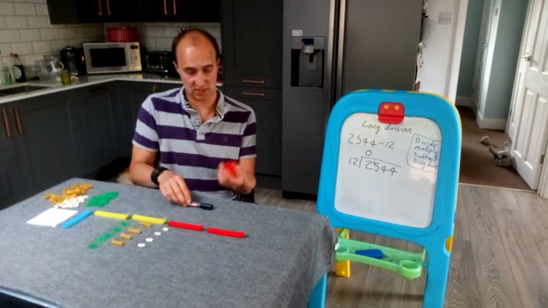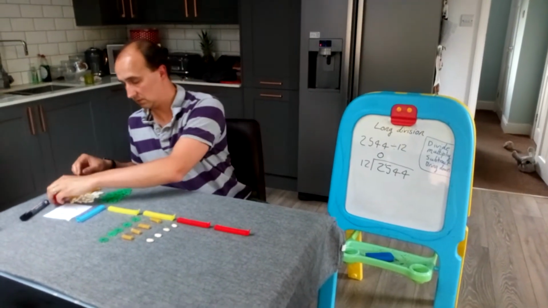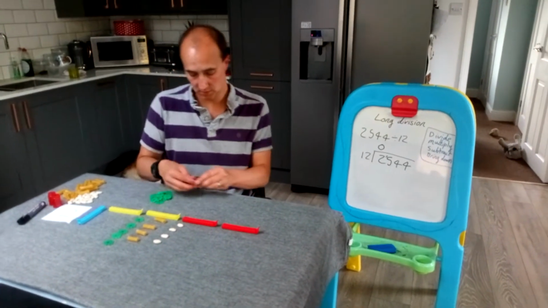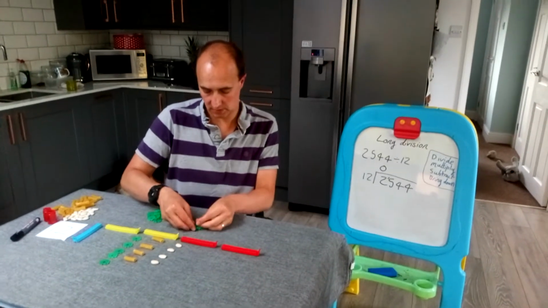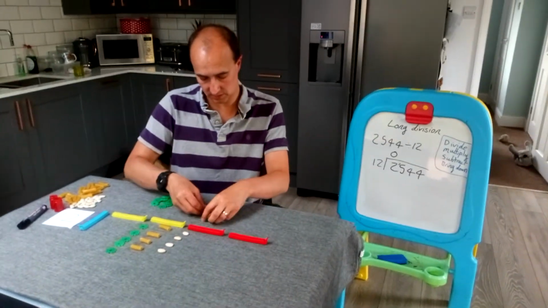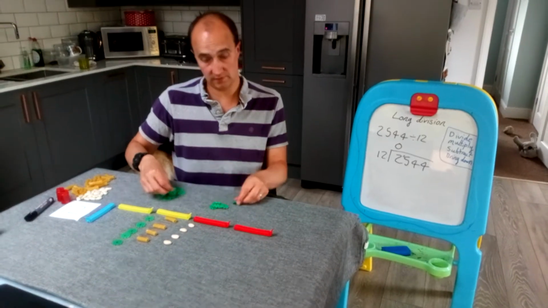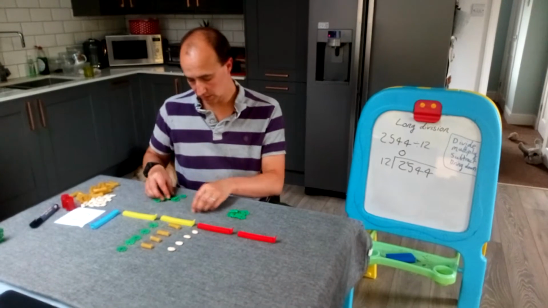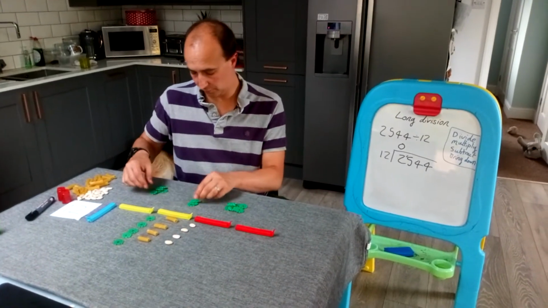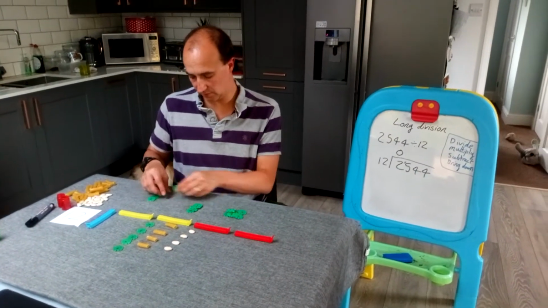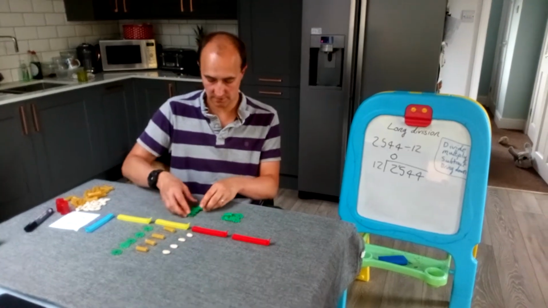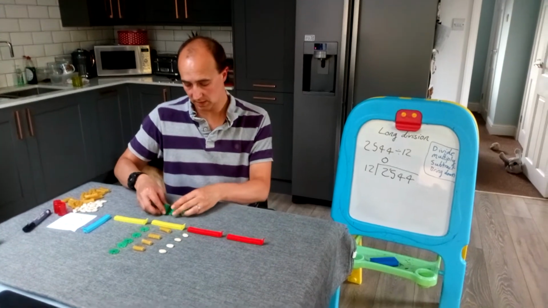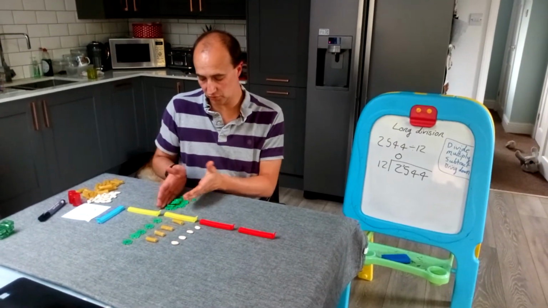We're exchanging 2,000s for the equivalent in hundreds, which is 100, 200, 300, 400, 500, 600, 700, 800, 900, 1,000, then another 100, 200, 300, 400, 500, 600, 700, 800, 900, 1,000. So there's my 2,000 that I've carried across and exchanged for hundreds.